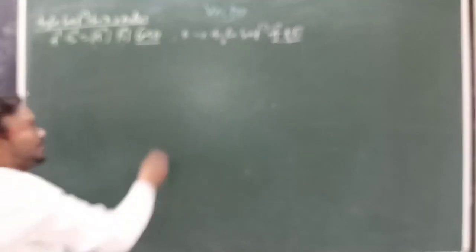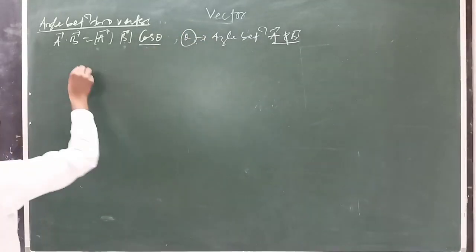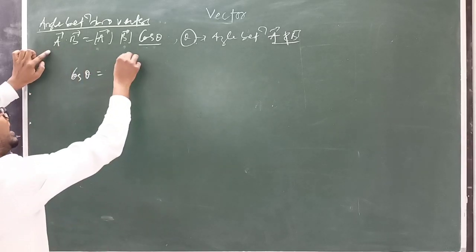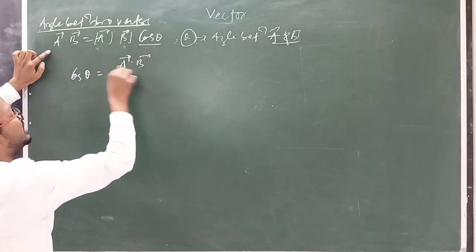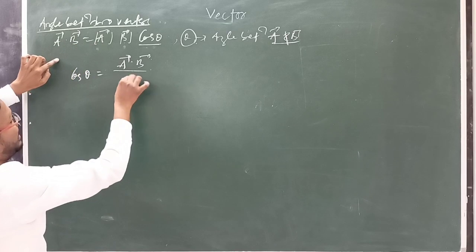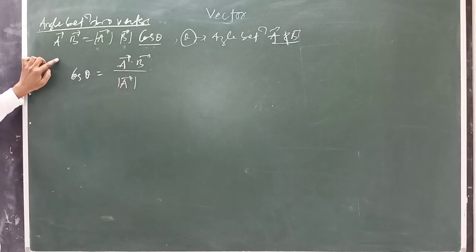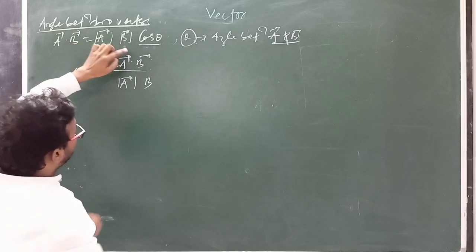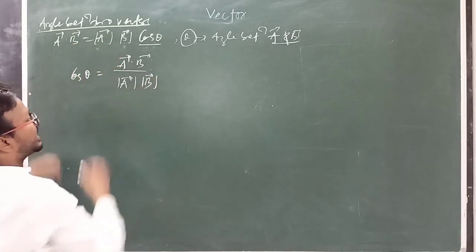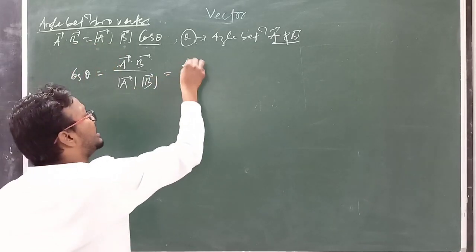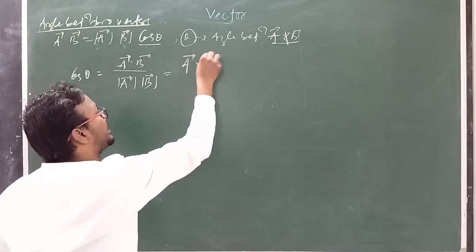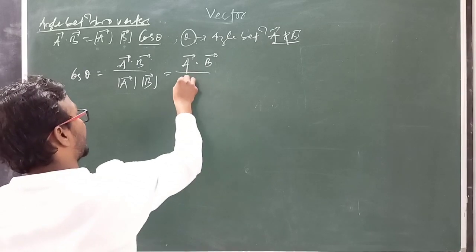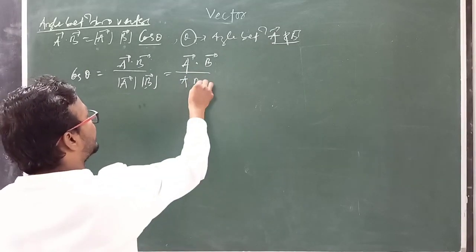So here we have to find the angle. So cos theta you can write equal to a vector dot b vector divided by magnitude of a vector and magnitude of b vector, or simply you can write a vector dot b vector divided by a, where magnitude of a is a and magnitude of b is b.